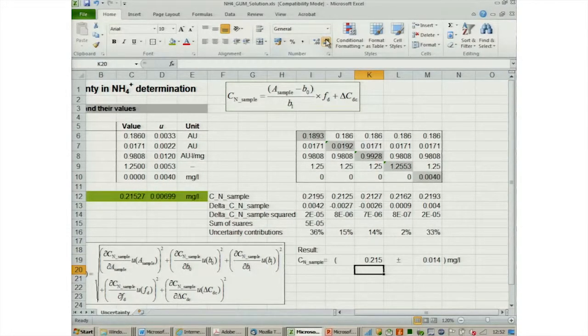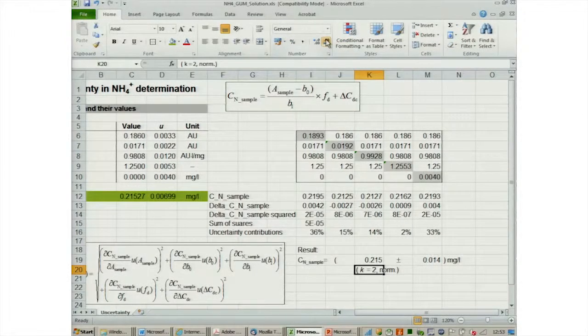And we also have to give some further information about coverage factor and about the distribution function. And we can write here k is equal to 2 and norm.